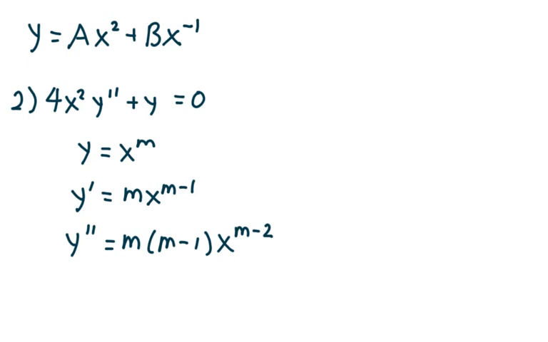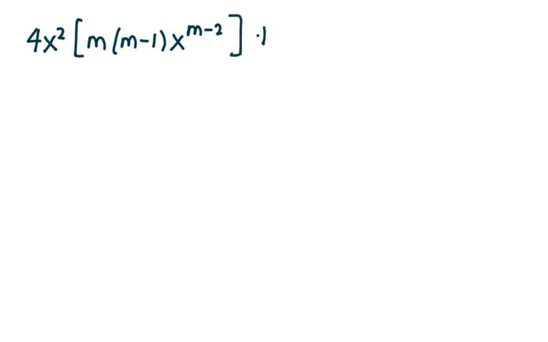Just like in example 1, now we get to make our substitution. So 4x squared times m times m minus 1, x to the m minus 2, plus y, which is x to the m, equals 0.